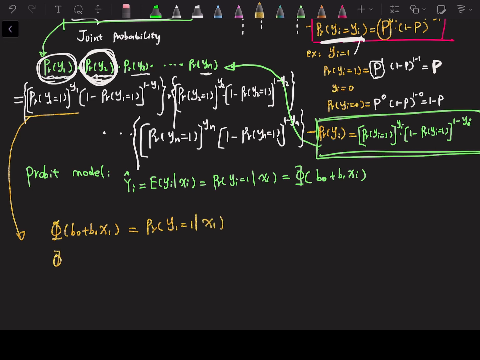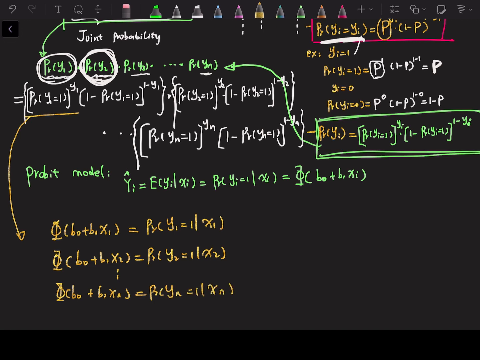The same thing, phi of b0 plus b1 x2 equals the probability that y2 equals 1 given value x2. All the way to phi of b0 plus b1 x sub n equals the probability that yn equals 1 given a value x sub n. Now you know the probability that y1 equals 1, y2 equals 1, all the way to y sub n equals 1.